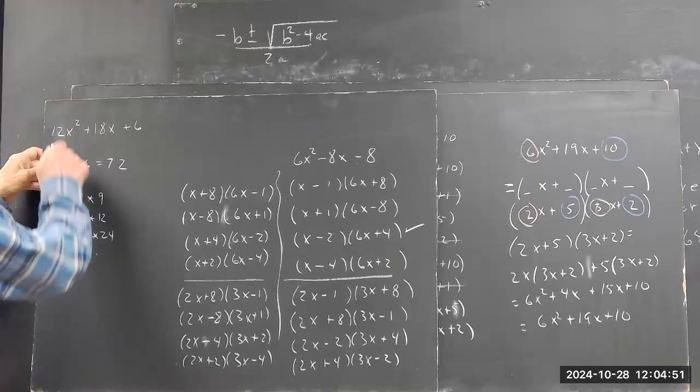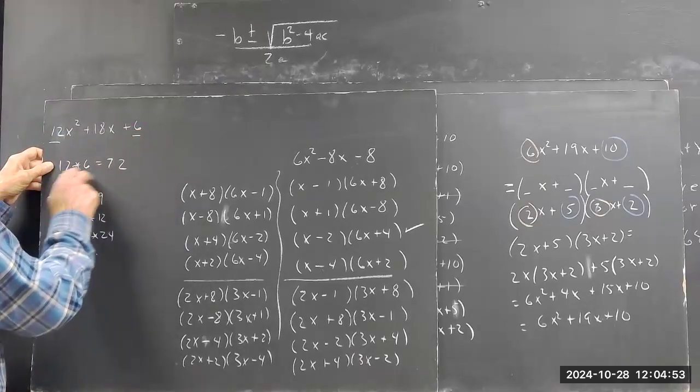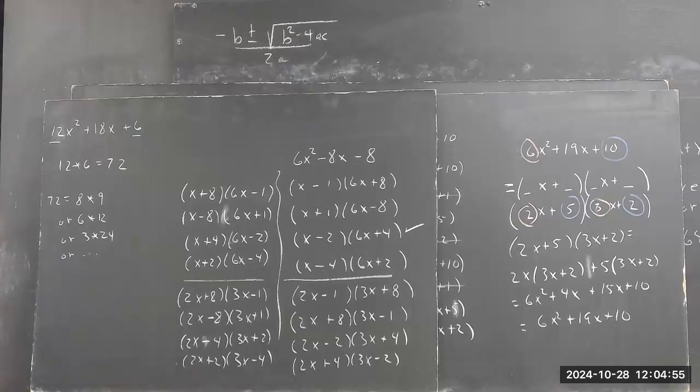Okay, so I'm going to take these numbers and multiply them, I get 72. Now, how many ways can I express 72 as a product of two numbers? Well, could be 8 times 9, 6 times 12, 3 times 24, 2 times 36, 1 times 72, right? A lot of ways to write 72 as a product of two integers.